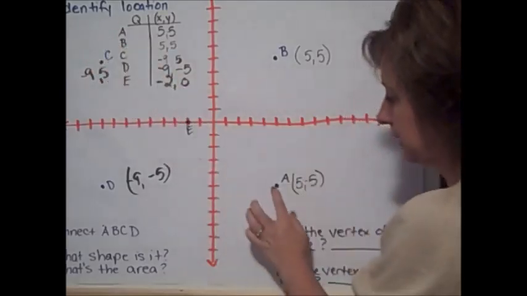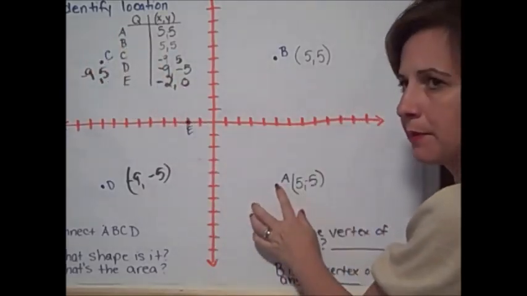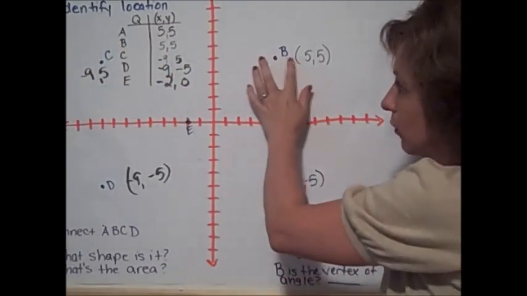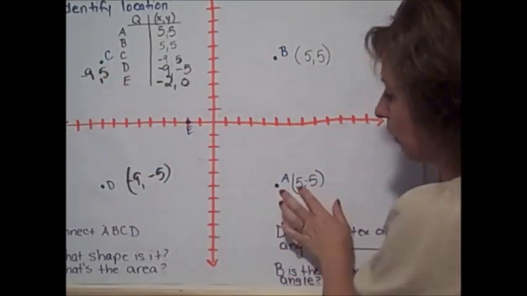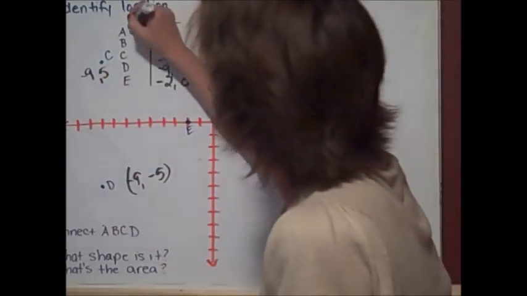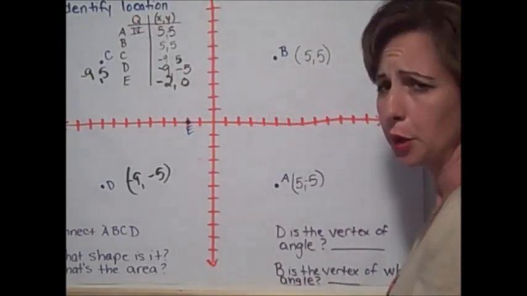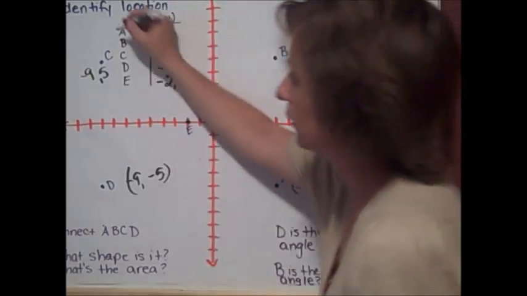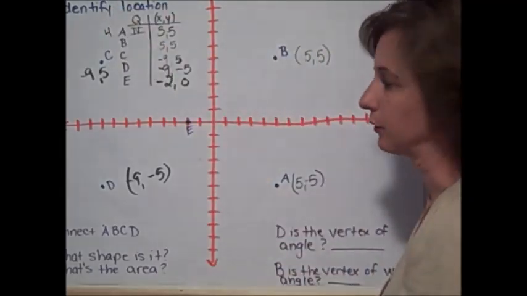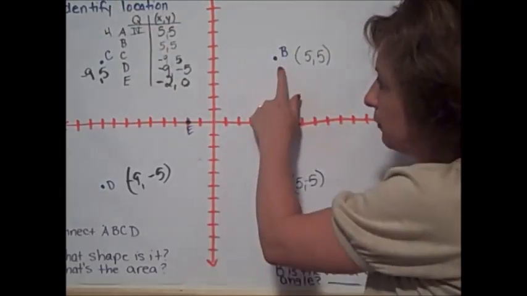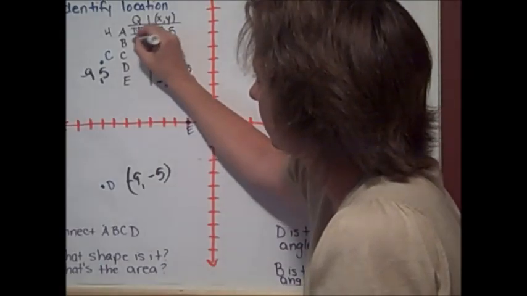So now let's identify the quadrant that each point is in. Point A is here. And if we remember, our quadrants are numbered 1, 2, 3, 4. Point A, excuse me, is in quadrant 4. That's a Roman numeral for 4. It's okay if you call it quadrant 4 like that as well. Point B is in quadrant 1.